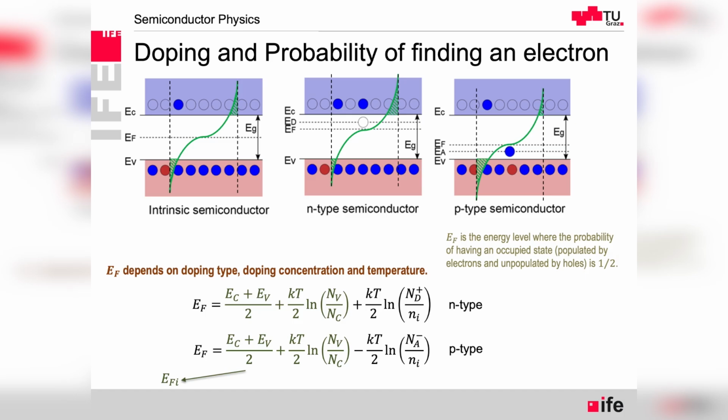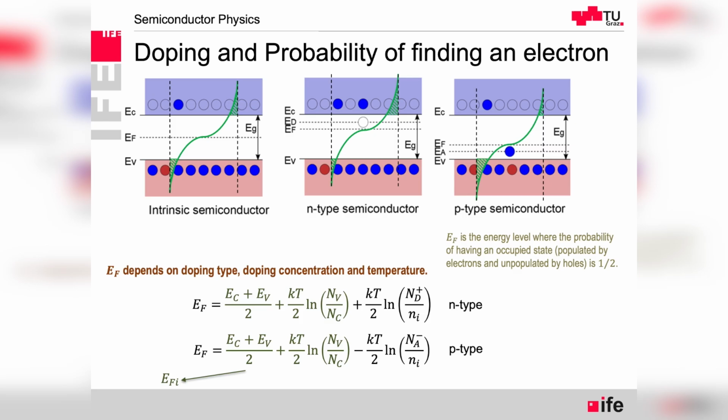When we look at the band diagrams, in the intrinsic semiconductor, the Fermi level is nearly in the middle. We can assume it's in the middle between the conduction and valence band. For the donor-doped semiconductor, the Fermi level shifts up, and as the temperature increases, the Fermi level comes back towards the mid-gap.